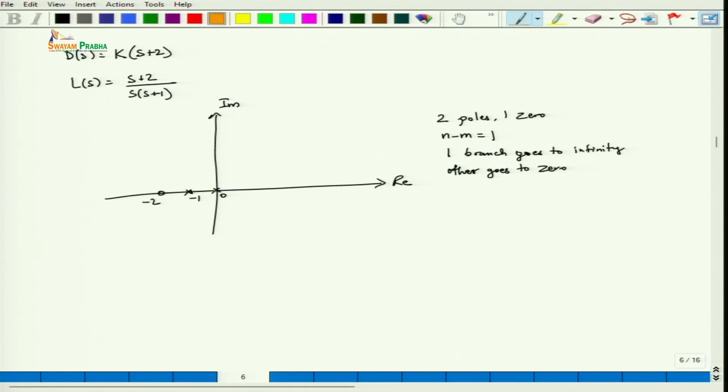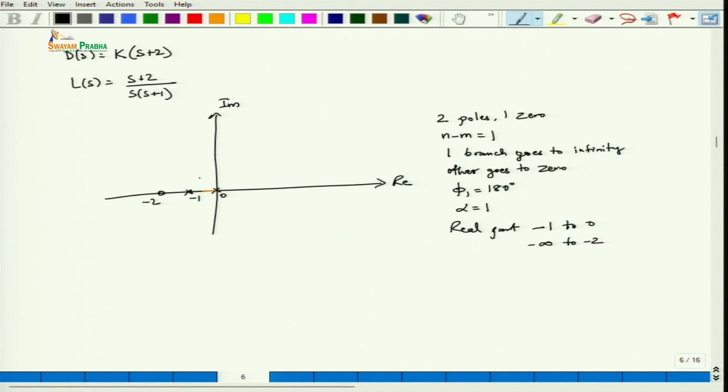In this scenario, we start from here. So the angle will be equal to 180 degrees. In this case alpha will be equal to 1, and the real part will be from -1 to 0, because on the right side there is an odd number of poles and zeros, whereas from -2 to -1 that's not a part because there are an even number of poles, and from negative infinity to -2 it's part of the root loci because there is an odd number of poles and zeros.